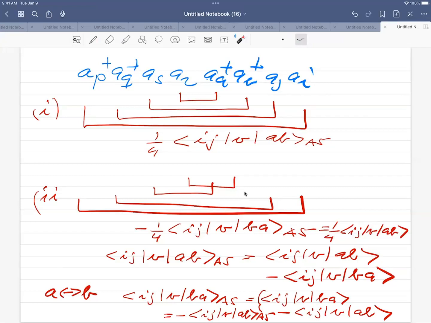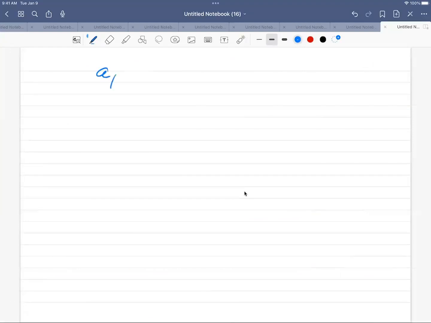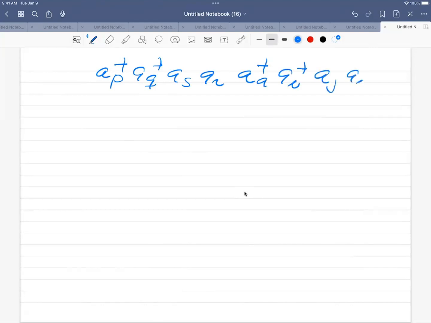All the other contractions are going to give zero results. So let's do the final thing here and take the last ones. So we have A P dagger, A Q, A S, A R, A A dagger, A B dagger, and then I have my A J and A I.